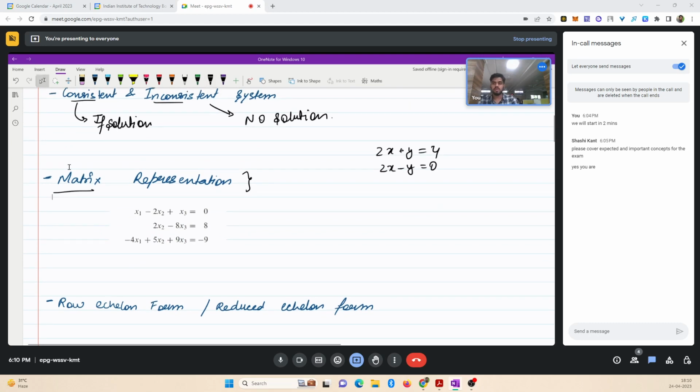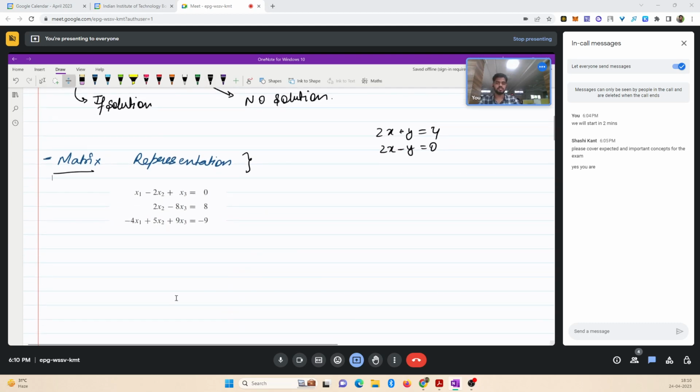So how do we convert a system of equations into a matrix? Let's look at it. Let's say you have an equation like this. What you do is write the coefficients of all the variables appearing in the first equation as your first row, right?